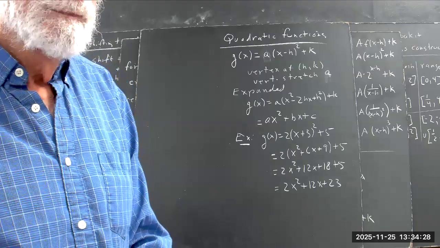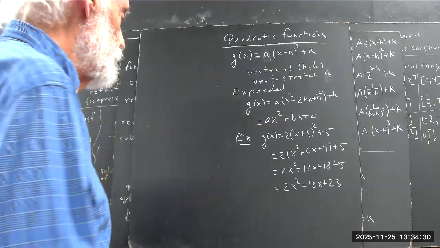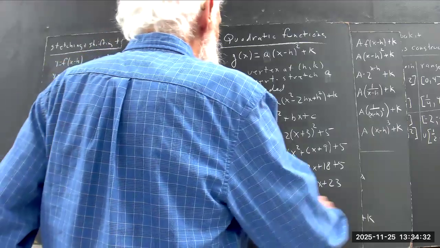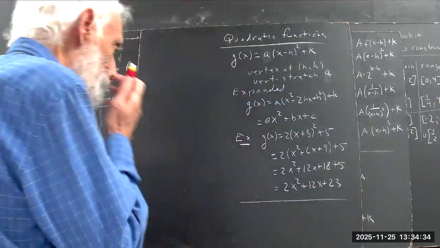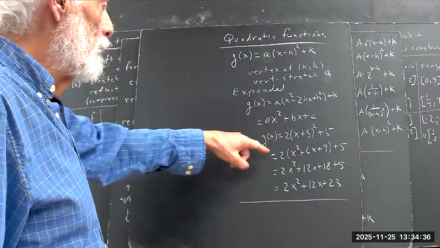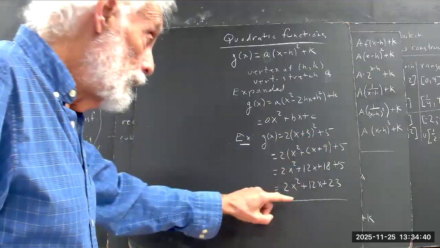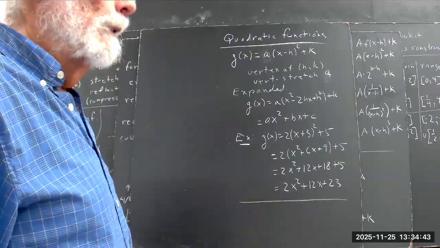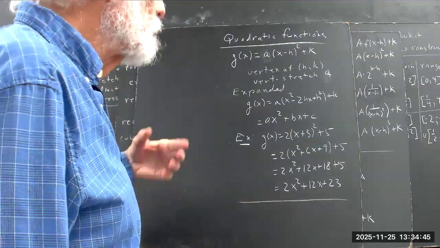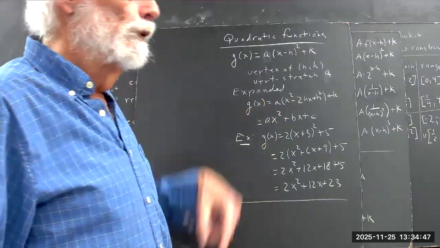Okay. Now, it's easier to graph in this form. We just saw that. But if you have this form, you have a couple of options. One is you can complete the square to get this form.